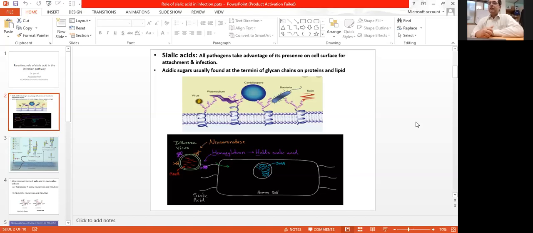And you can say that they make the outermost boundary of the animal cell. The first thing that other pathogens or other cells would encounter when they come in contact with a particular cell type would be the sialic acid. For instance, if a virus is trying to attack an animal cell, the first thing that the virus has to encounter is the sialic acid.